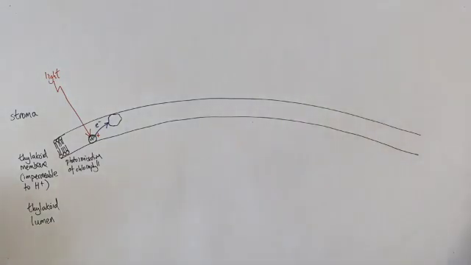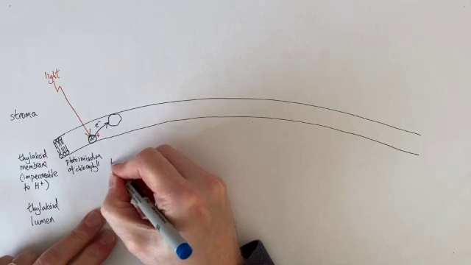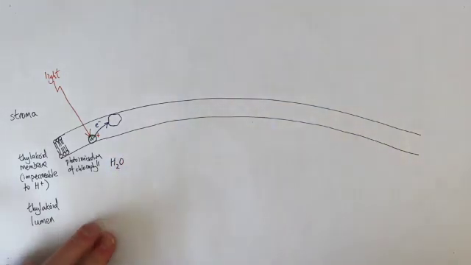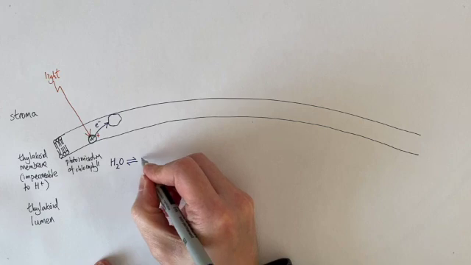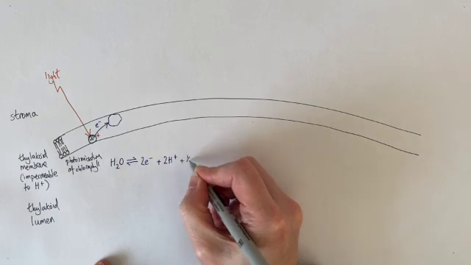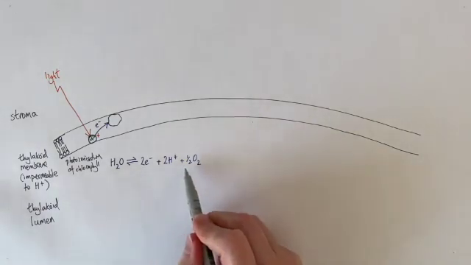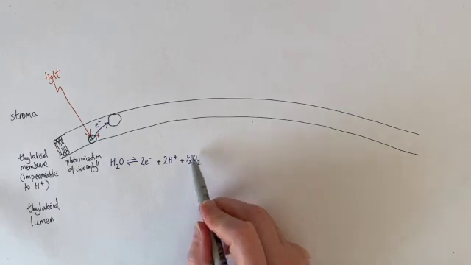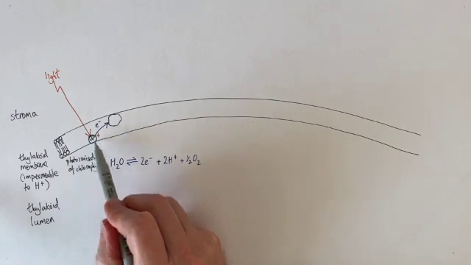Now, we know in photosynthesis that water is split, and that is because of this reaction. Water molecules on their own will split into electrons, hydrogen ions, and oxygen. I'll come on to that in a moment. Here, the chlorophyll is positively charged.